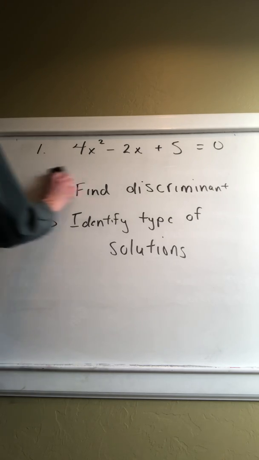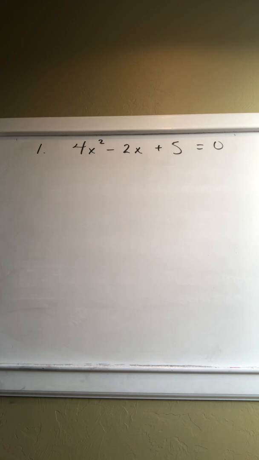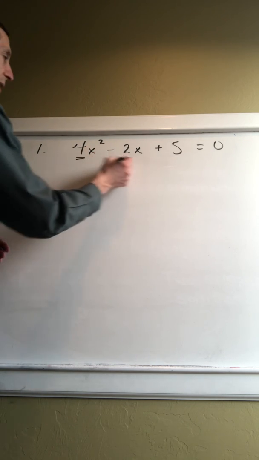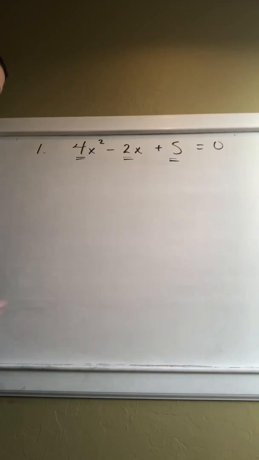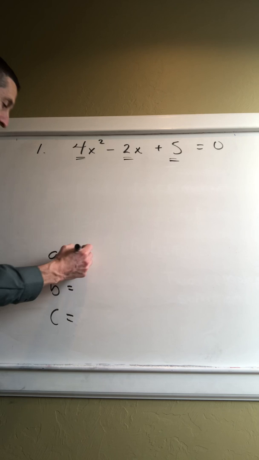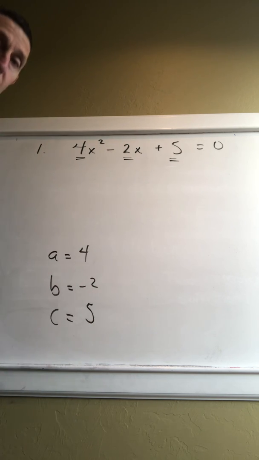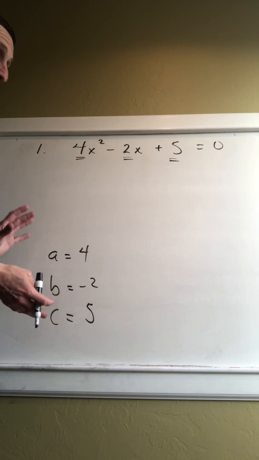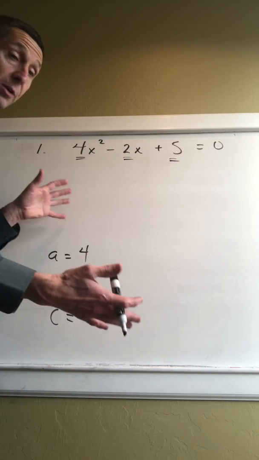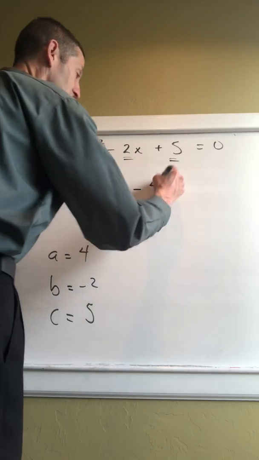Okay, let's actually run one real quick. We're still working with our values for A, B, and C. A equals 4, B equals -2, C equals 5. Our quadratic formula was very big; your discriminant formula is much shorter.